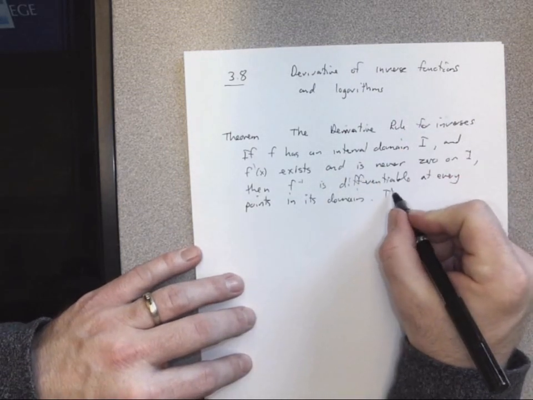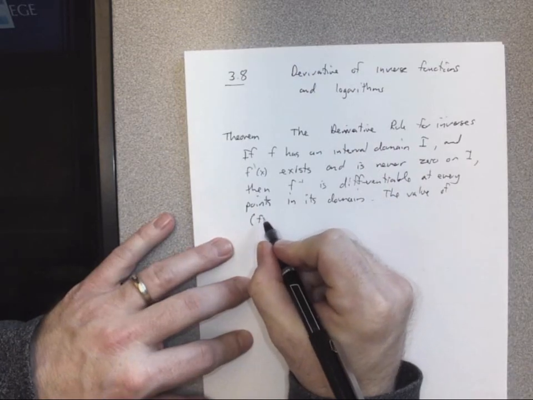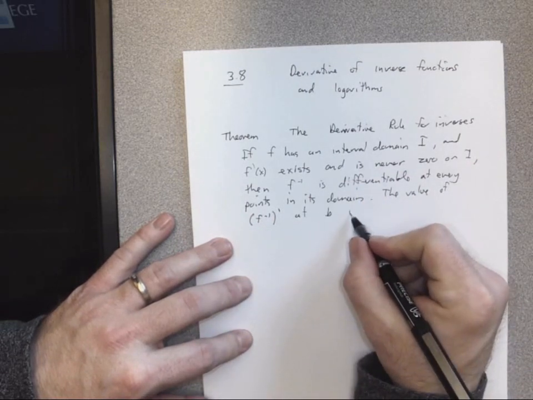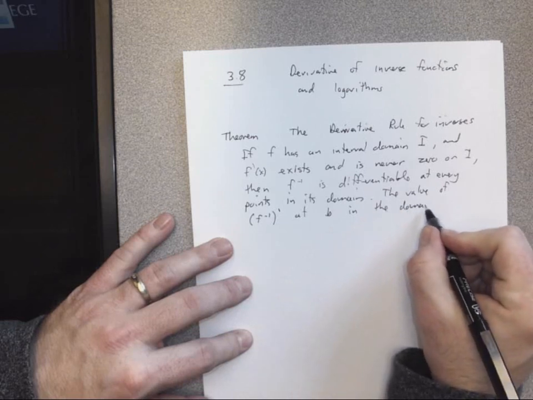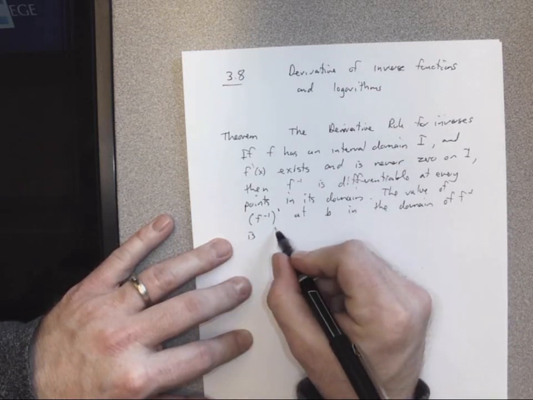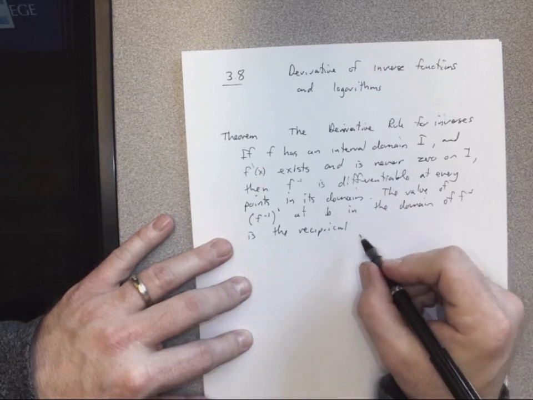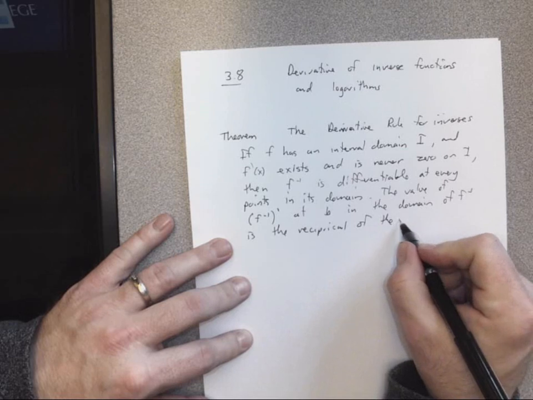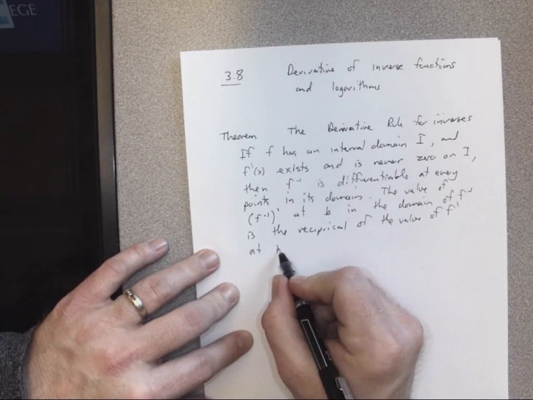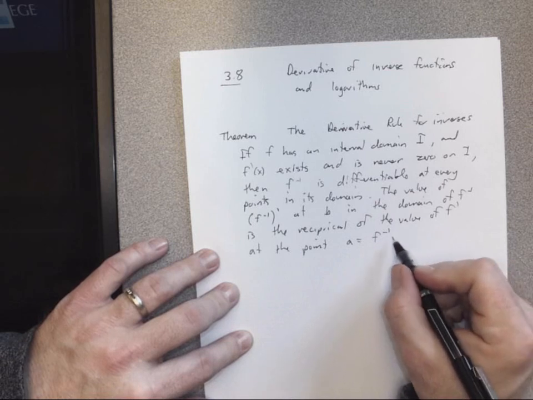So the value of the derivative of the inverse, so f inverse prime, at b in the domain of f inverse is the reciprocal of the value of f prime at the point a, which is equal to f inverse of b.